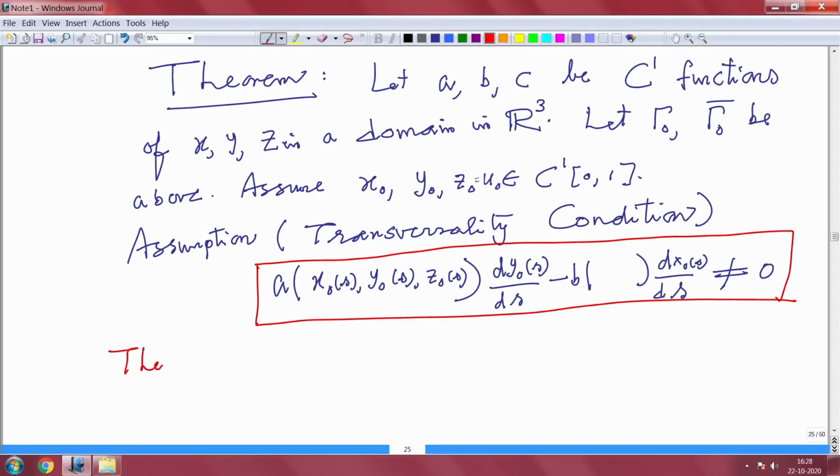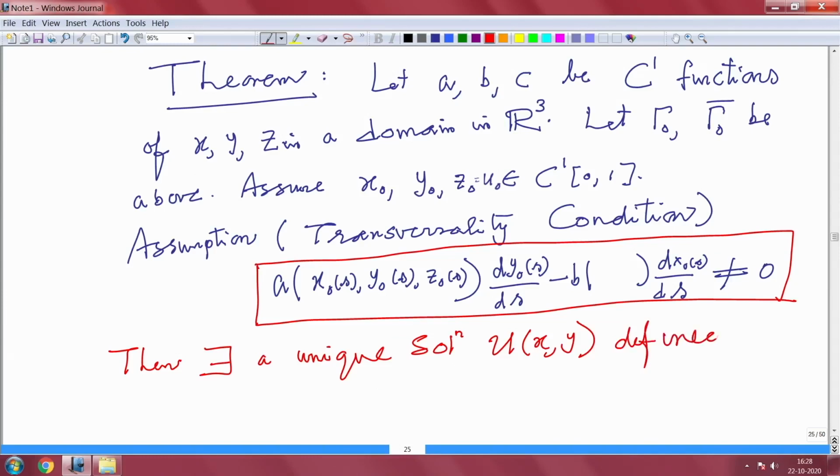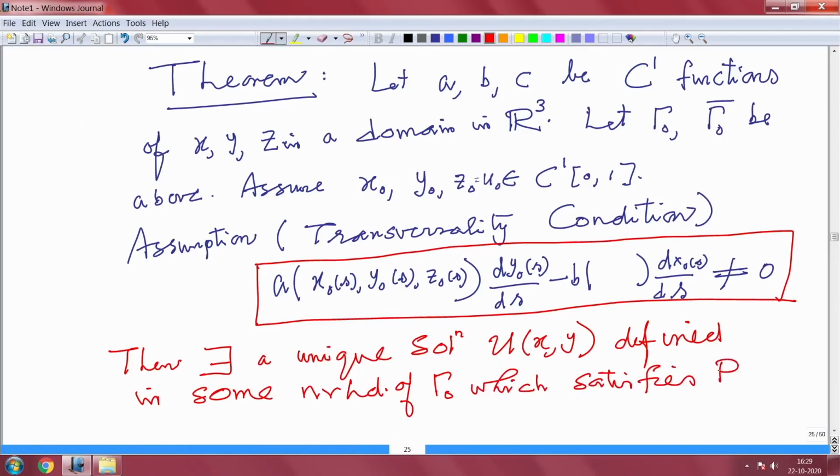Then there exists a unique solution u of x, y defined in some neighborhood of gamma naught, which satisfies the PDE and the initial condition. So that is the theorem.